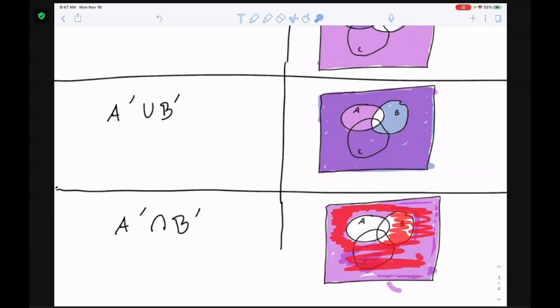So it had all that stuff that was not A, everything outside that circle. And then when I was doing not B, it was everything outside here. But I want the region that was included in both of those, which is this purple area that is shaded right there.